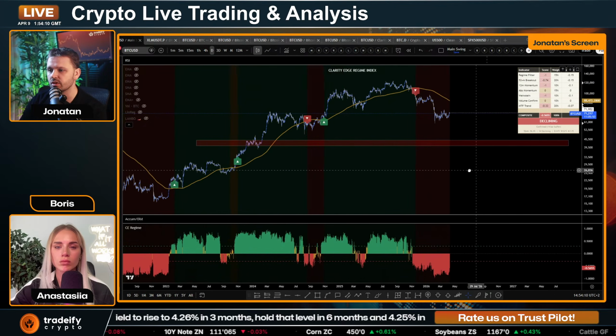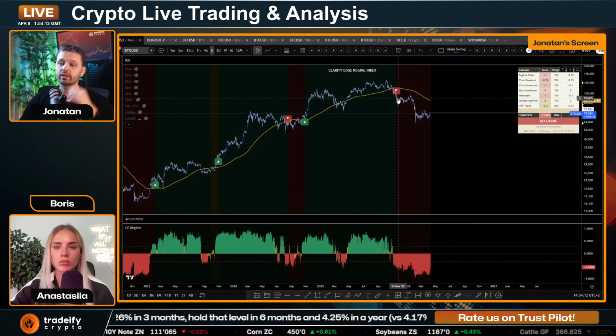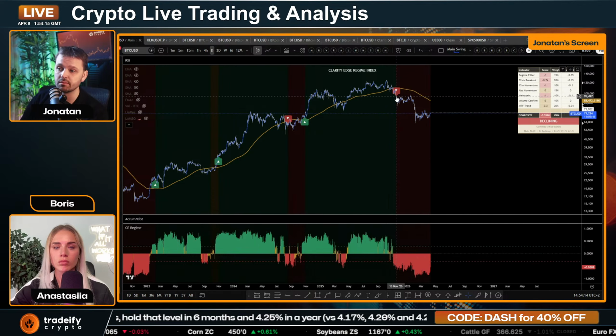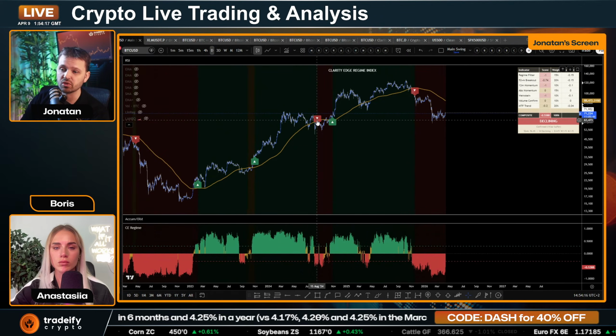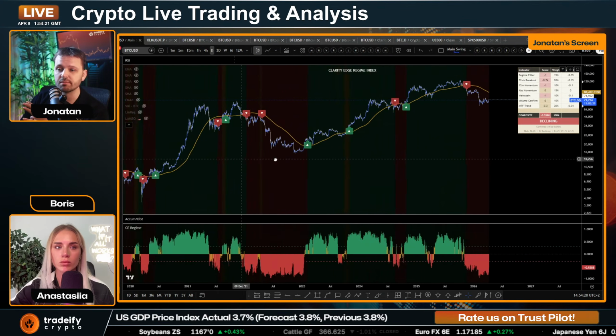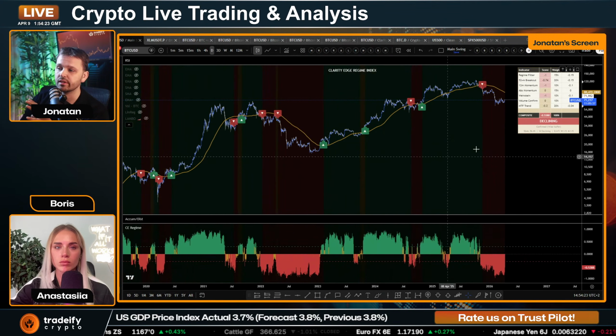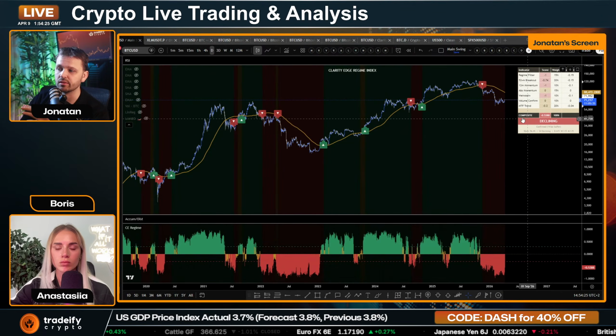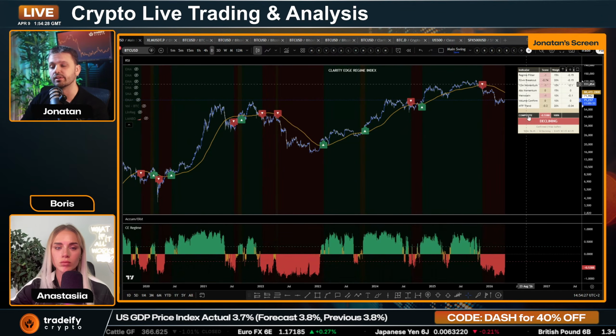Okay, so I sold Bitcoin here simply because the regime told me to sell, and I also sold here and then bought back here. And it's a very simple indicator based on all of these 4 fundamental principles within technical analysis.